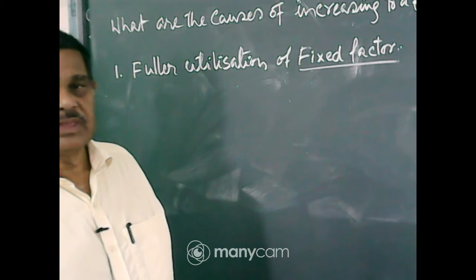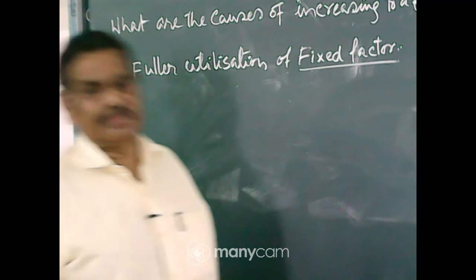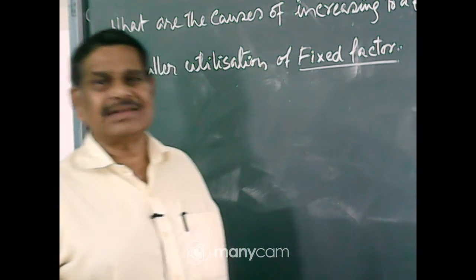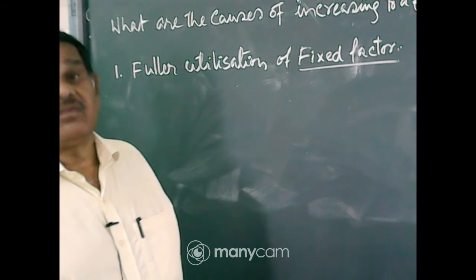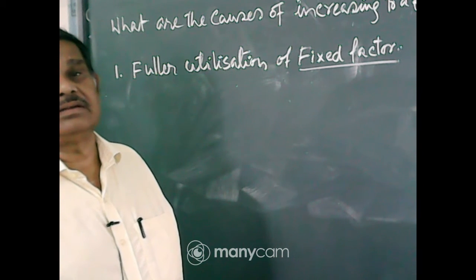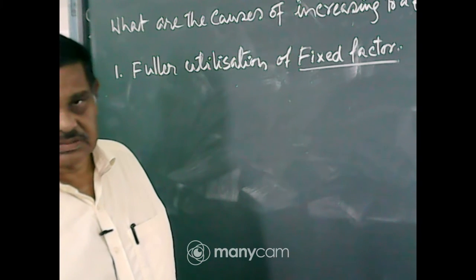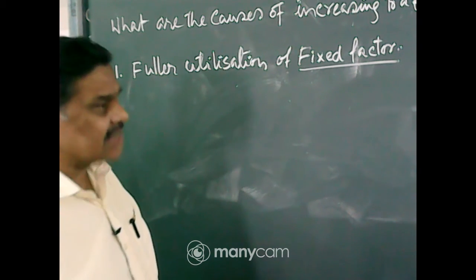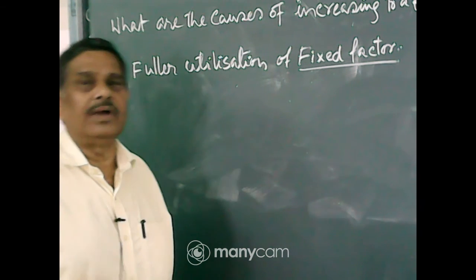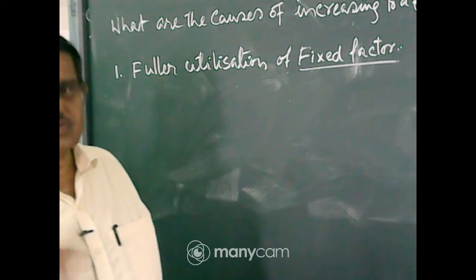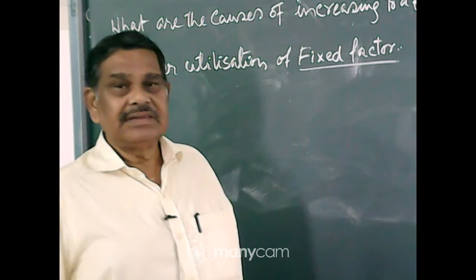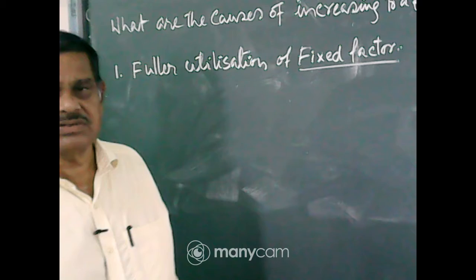Right? Suppose a tractor can cultivate 5 bighas of land in 10 hours, but you are just using it for 6 hours. That is underutilized. The fixed factor is underutilized.